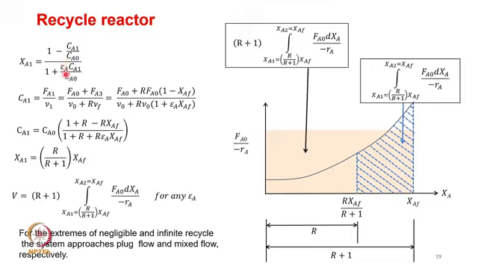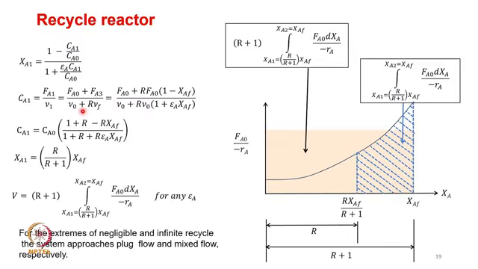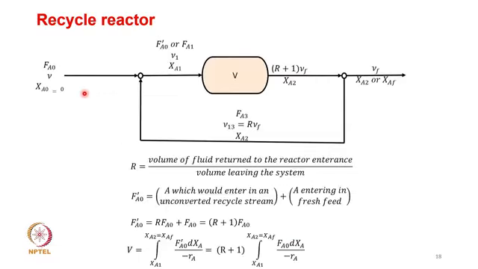This is the term that controls expansion. CA1 would be FA1 by V1, and FA1 would be FA naught plus FA3, because these two streams are getting added up, and V1 is V naught plus R Vf.